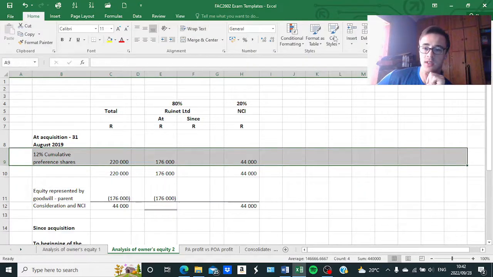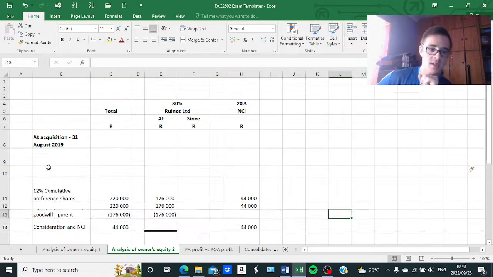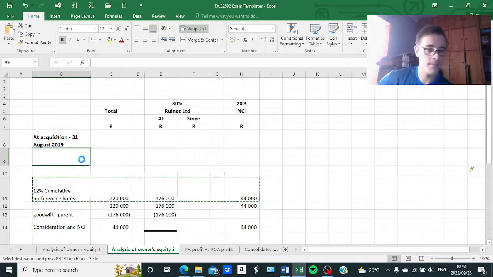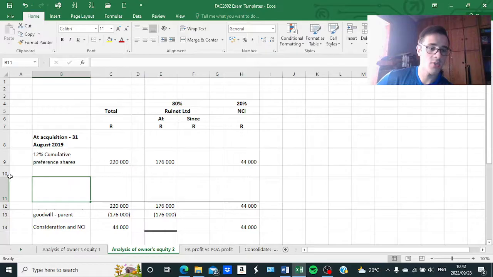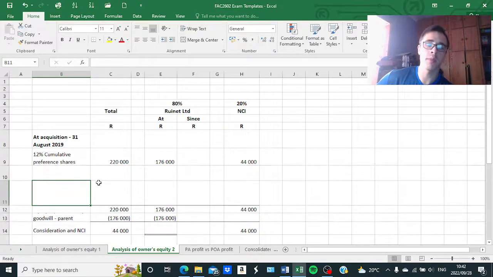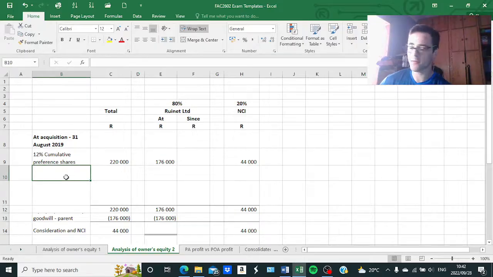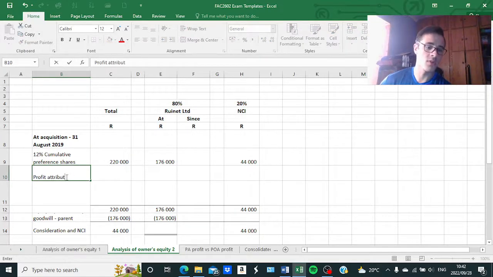Let me just insert a few more rows here. Let me cut this and put it there. In your at acquisition section, because remember this occurs at acquisition, we have the profit attributable to preference shareholders.